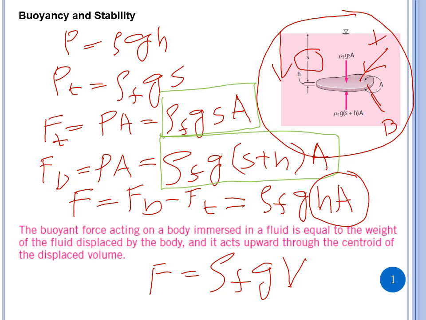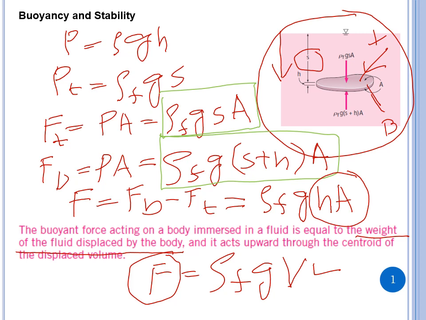So this volume is basically the volume of the fluid that is being displaced by the solid object, and this force here is known as buoyancy force.